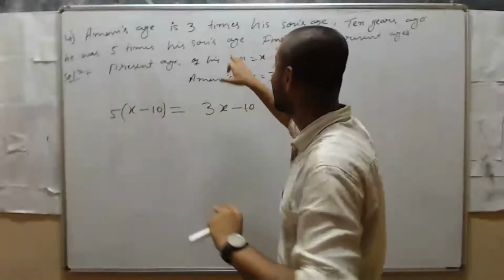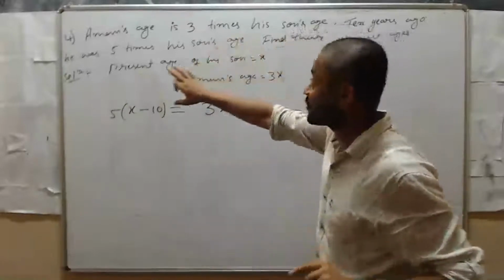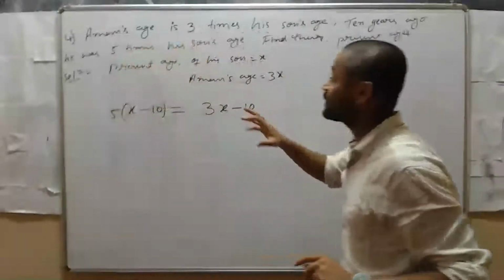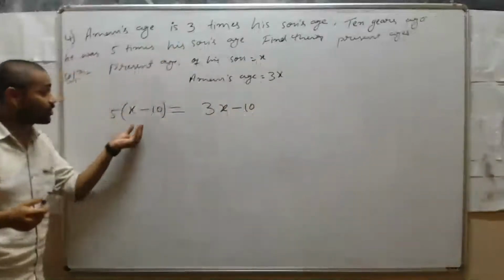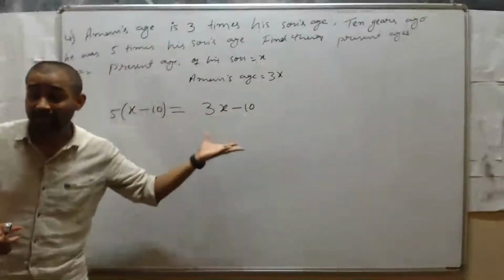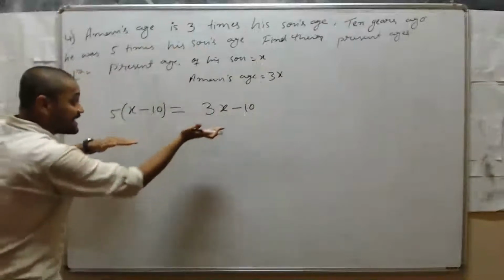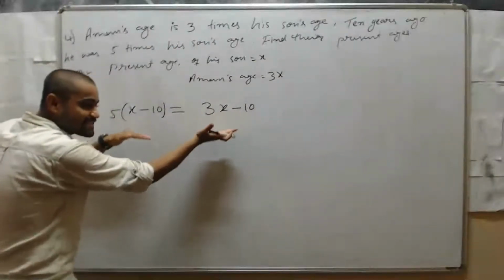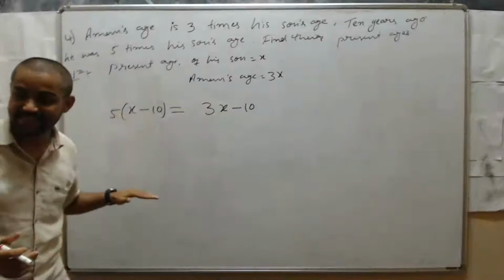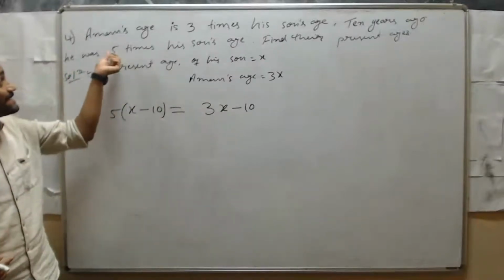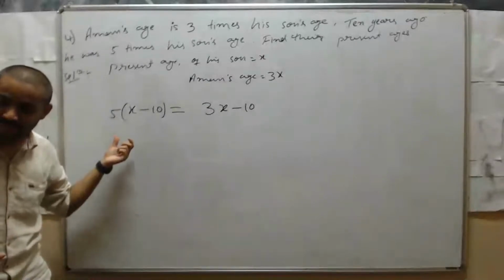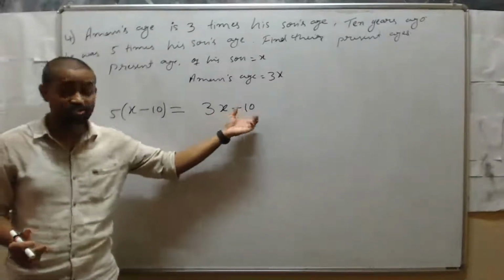Then 10 years ago, he was 5 times of his son's age. Now we are just balancing the RHS and LHS. That's why I have multiplied by 5, because 5 is given here. Now it becomes 3x minus 10.